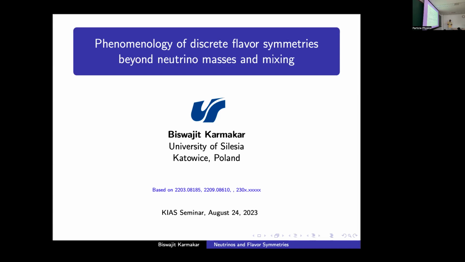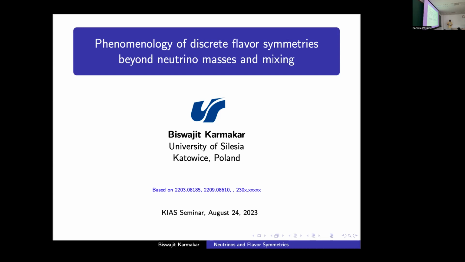Sometimes there are many scalars involved to realize the flavor structure of the required mass matrices. Not only that, you also need some auxiliary symmetries to have your desired mass matrix. Like in the example which I showed, some auxiliary symmetry forbids the tree-level Yukawa coupling. That's why we have the next-to-leading order contribution. So in a nutshell, it's not very minimal.